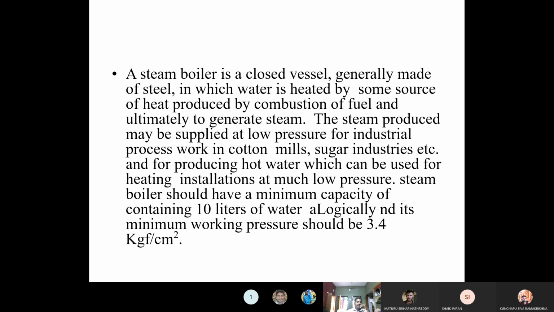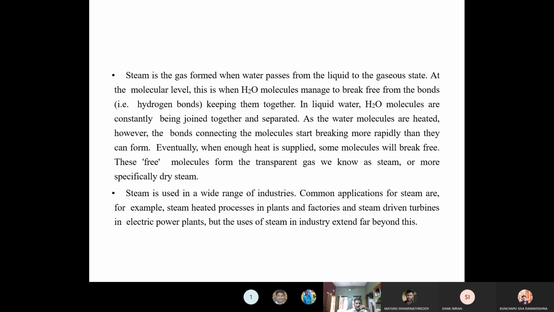In domestic areas also, for domestic water heating, people will use boilers. So the minimum quantity of boiler is 10 liters and the pressure produced by it is 3.4 kg per centimeter square. And next slide.